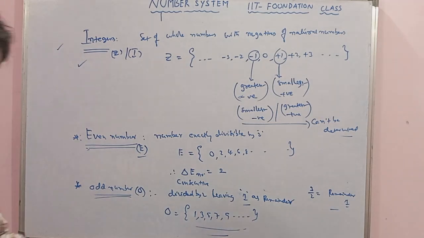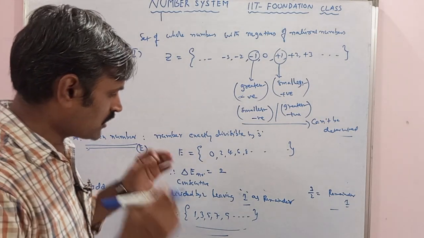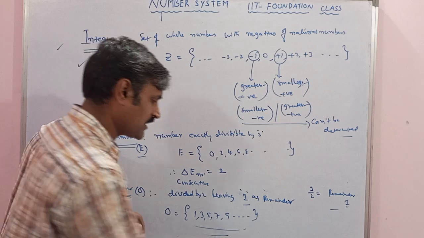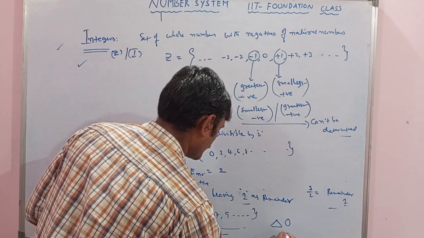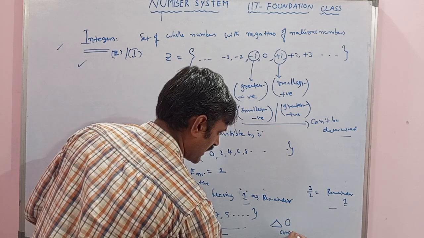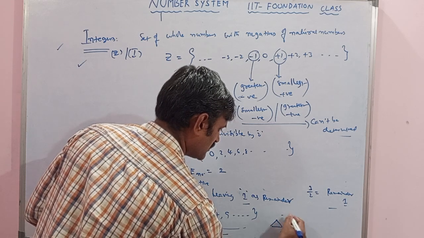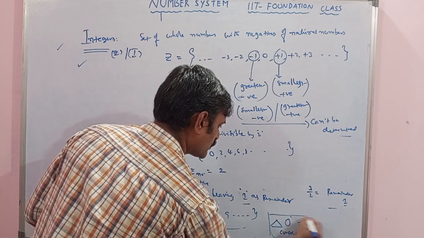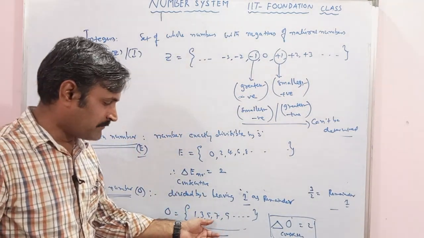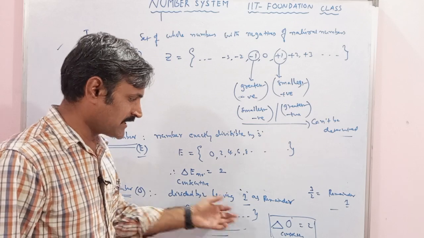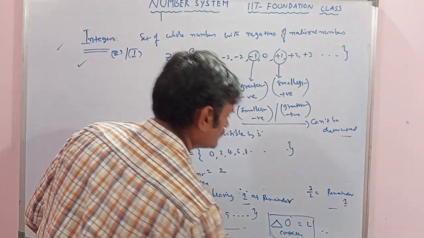The difference between consecutive even numbers is always the same, that is 2. Here also, if we find the difference between two consecutive odd numbers, that will also become 2. Example: 3 minus 1 is 2, 5 minus 3 is 2, 9 minus 7 is 2. Like that we can write.